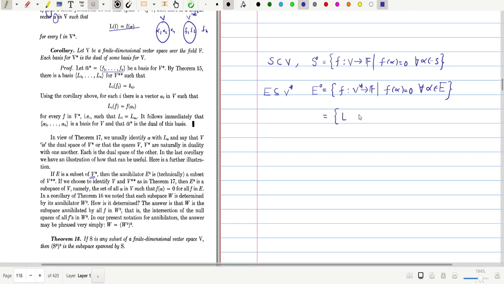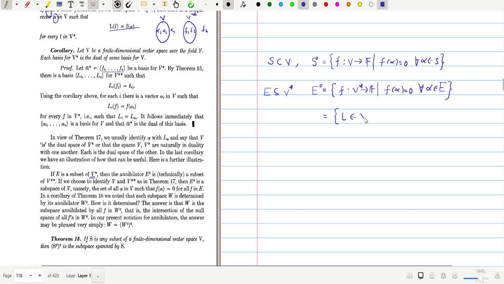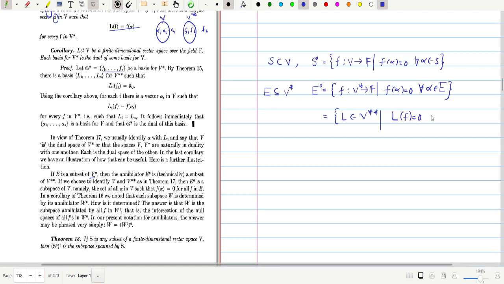In our notation, this is all L such that L belongs to V double star such that L of F equal to 0 for all F belongs to E. So this is the definition of annihilator in case of V star.